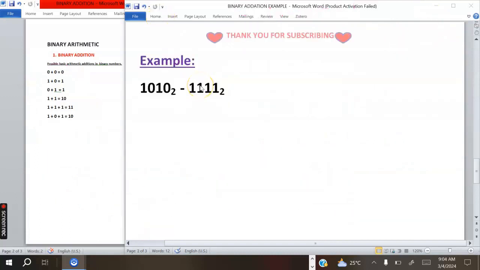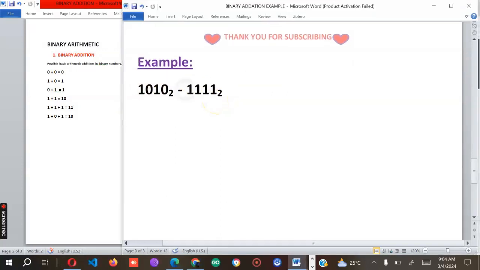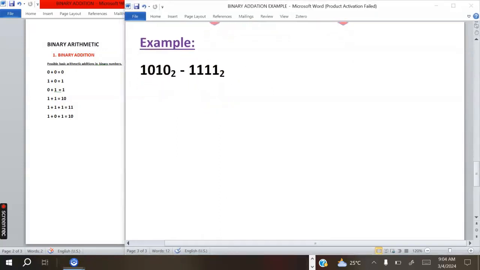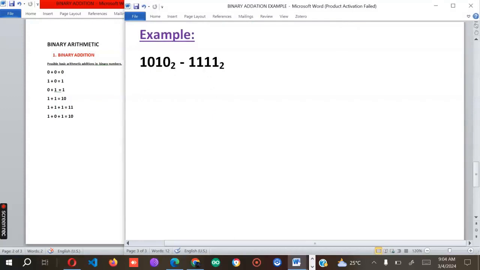Our last example, which is quite simple, we have 1, 0, 1, 0, 1, 1, 1. Remember, rule number 1 is to convert this one into a one complement. So how do you work with one complement? You have to convert these.